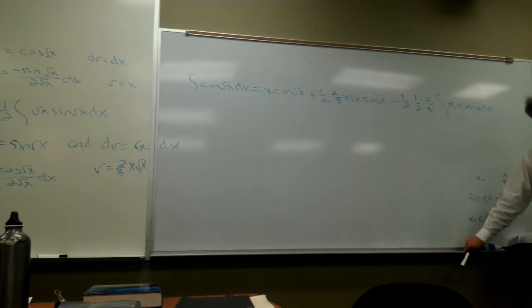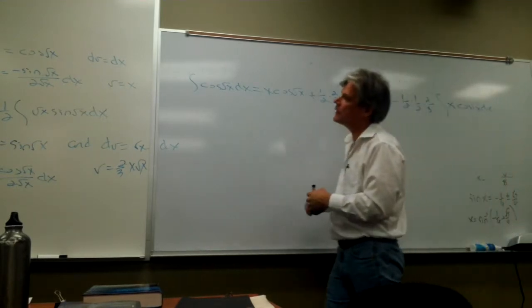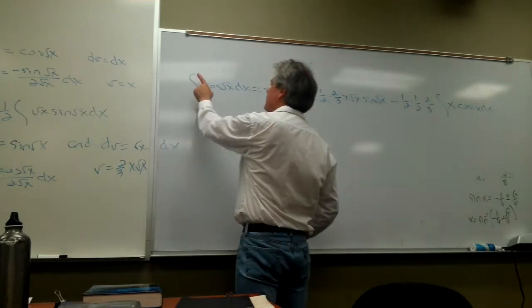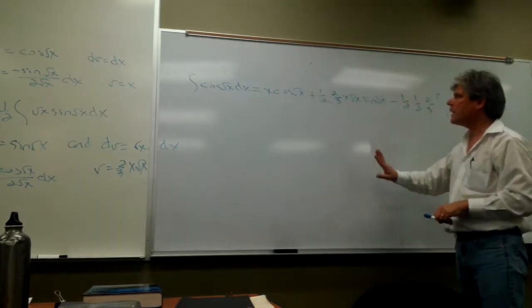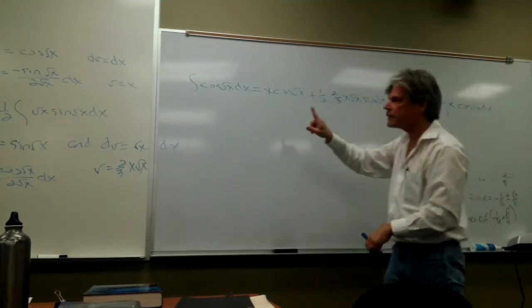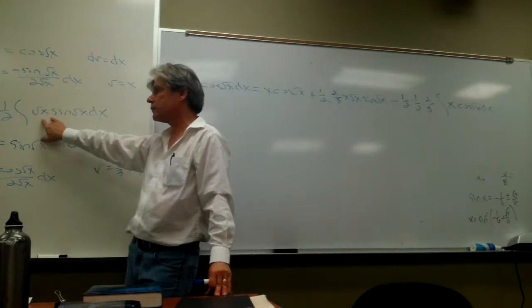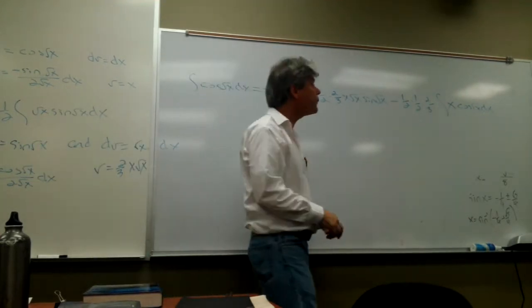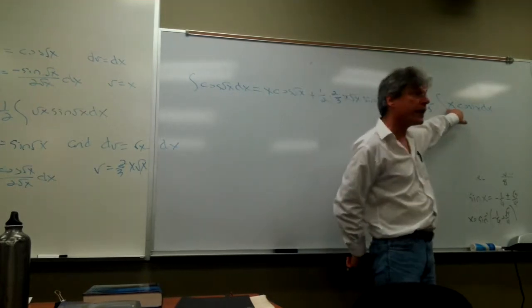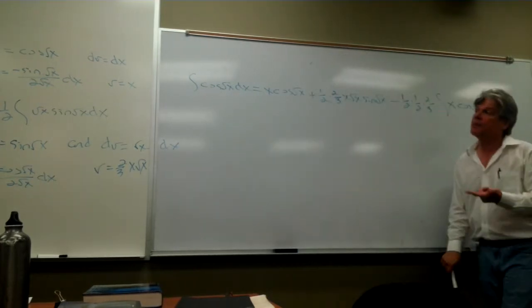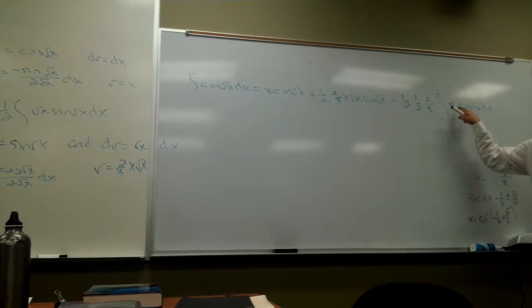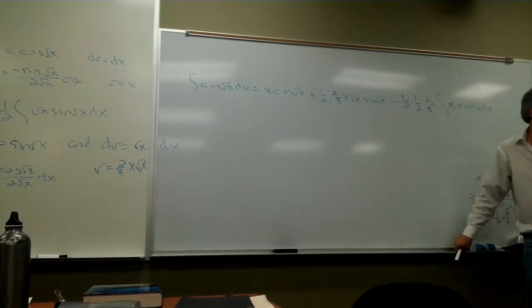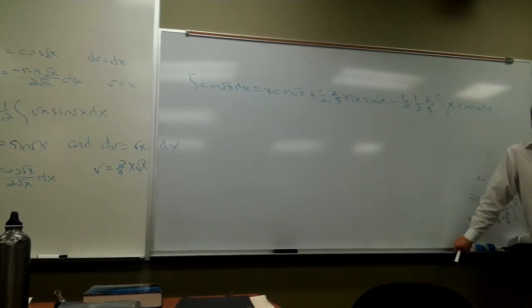If you look carefully at the pattern, it's almost as if I'm coming in with no factor of x. But now applying integration by parts once, I introduce a factor of root x. Integrating by parts again forces another factor of root x, which gives me a full x. I think what's happening is the power to which x is being raised is increasing.